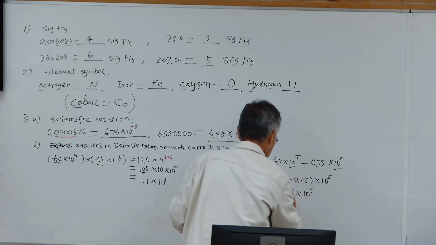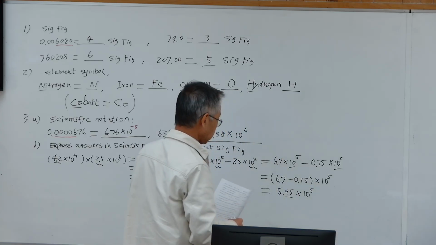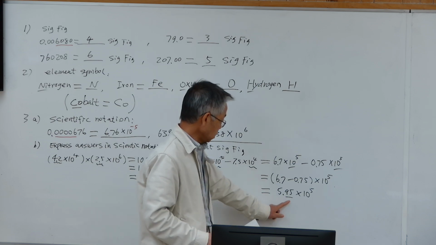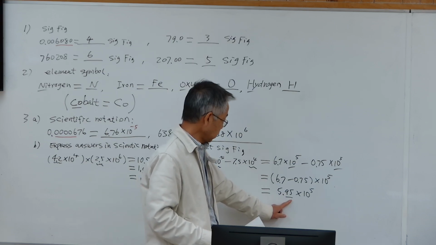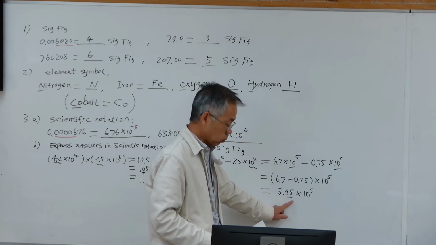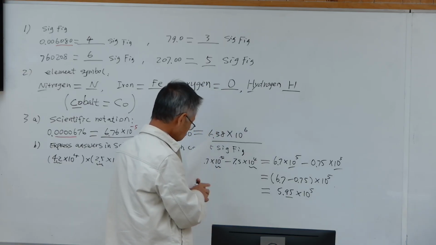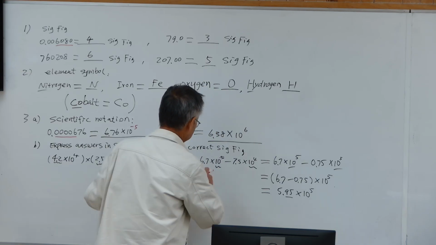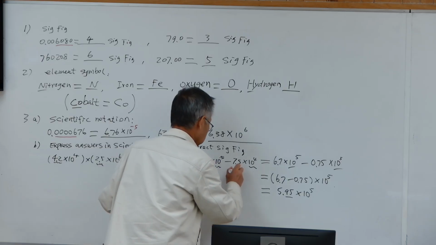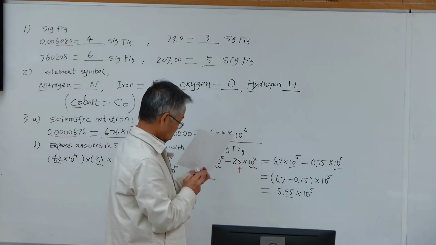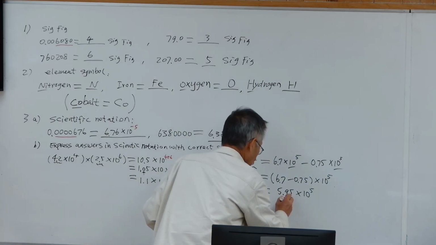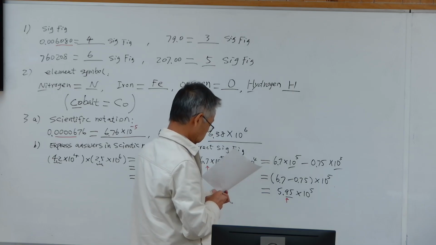But the rule tells us that for subtraction and addition, the answer cannot have more decimal places to the right of the decimal point than any of the original numbers. The original numbers both have only 1 decimal place, so our answer can only keep 1.